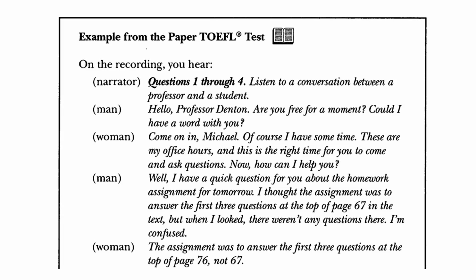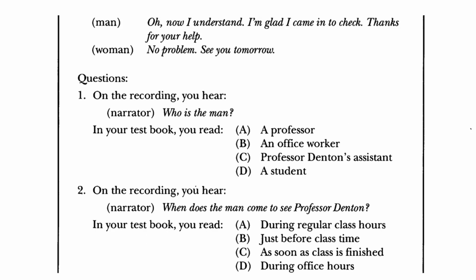Woman: The assignment was to answer the first three questions at the top of page 76, not 67. Man: Oh, now I understand. I'm glad I came in to check. Thanks for your help. Woman: No problem. See you tomorrow.